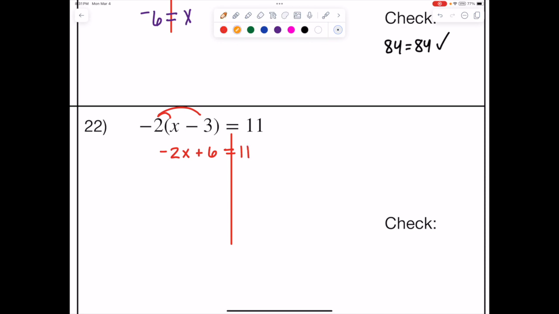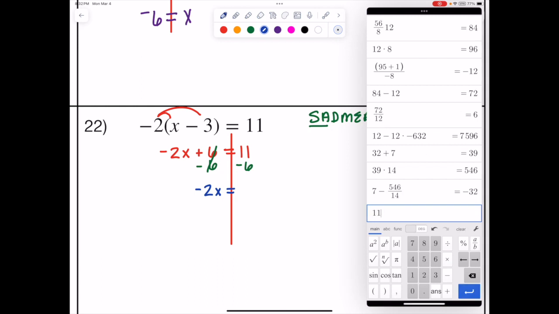Now we can start doing our SAD-MERG. Any addition, subtraction? Yes, I can subtract 6 on both sides. That goes away, and we're left with negative 2x equals 11 minus 6.